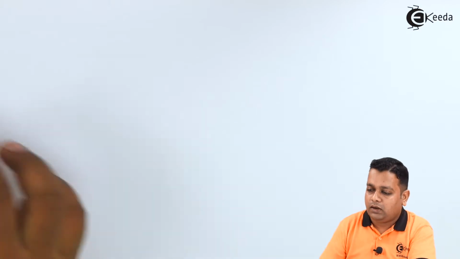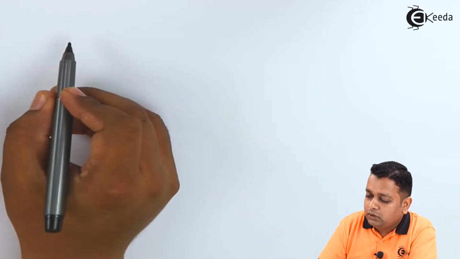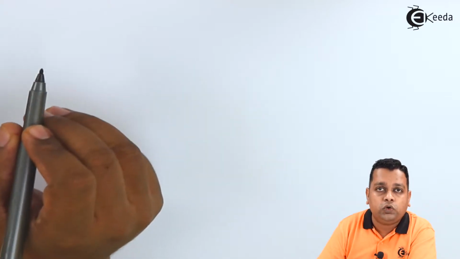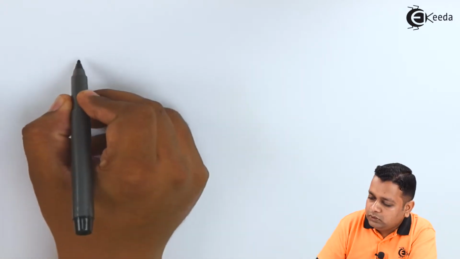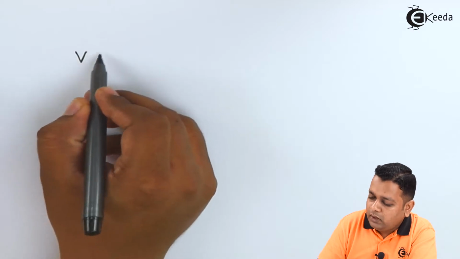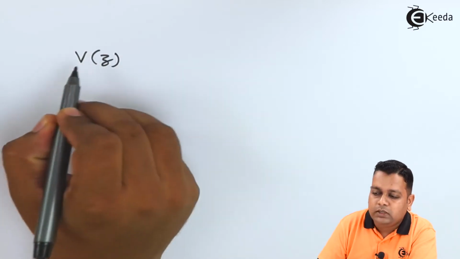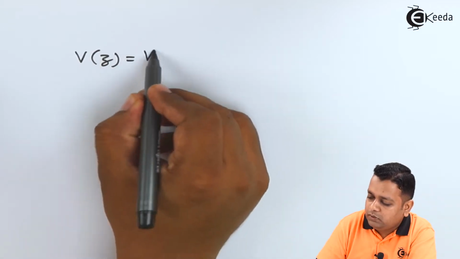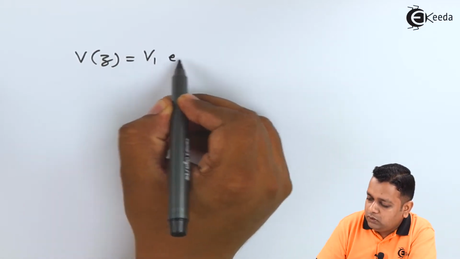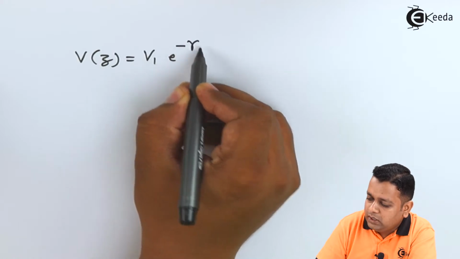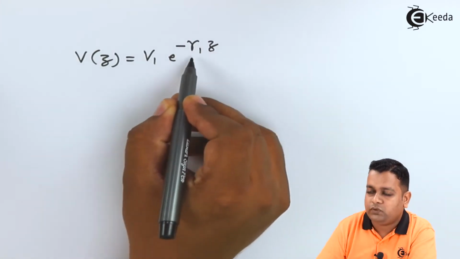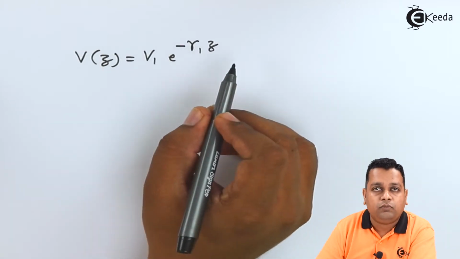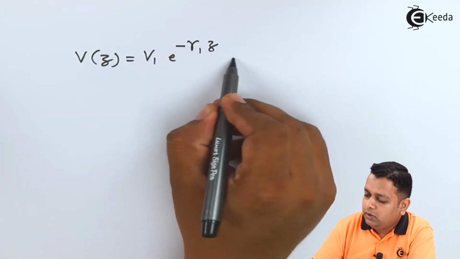Therefore we can write the total circuit voltage, referring to the slow wave structure of helix, as capital V, a function of Z. For the first forward wave, the first term is capital V1 into e to the power minus gamma 1 into Z, where gamma 1 is the first propagation constant that we formalized in the last video.